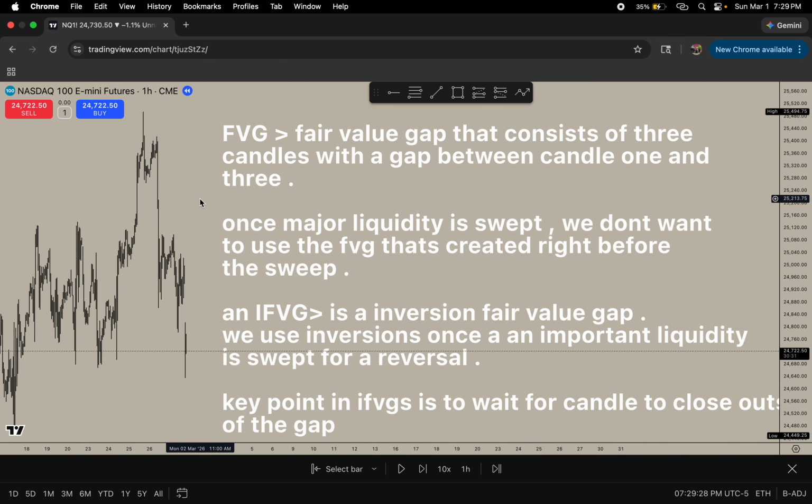That's about it for fair value gaps right now. We'll move on to break of structures and order blocks. Let me see what else I have here. I can explain to you what an SMT is. Let's see what I have written down here.